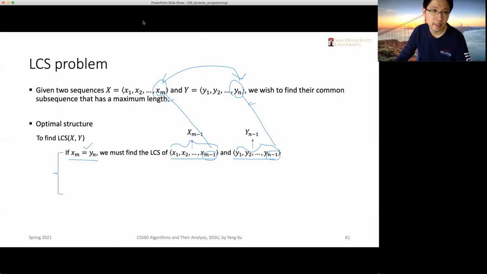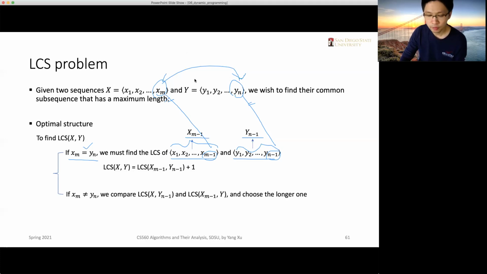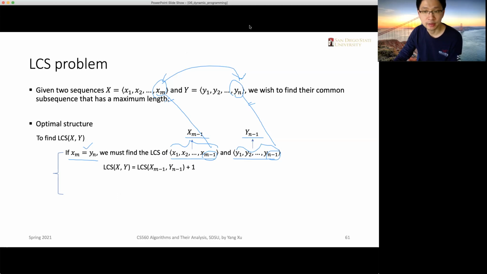We can define them as capital X m minus 1 and capital Y n minus 1. And so we can write the recurrence like this, because the solution to the original problem can be written as the solution to the two smaller sequences plus 1. So what is the plus 1? The plus 1 is xm and yn, right? It's one additional element, so we need to have a plus 1 here. That is the case where the last two elements are equal.